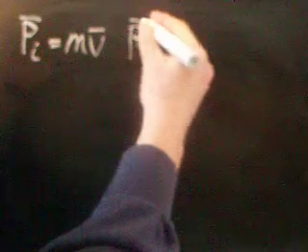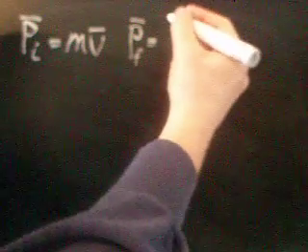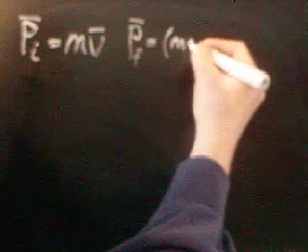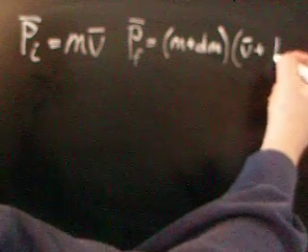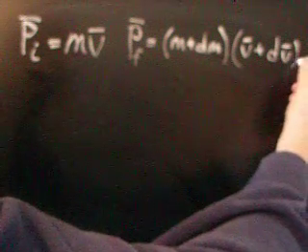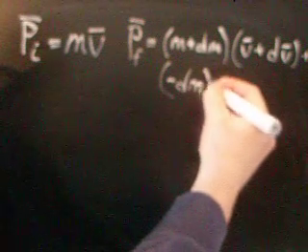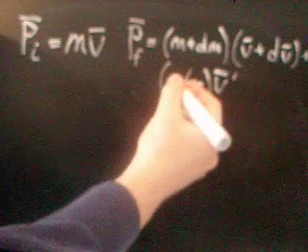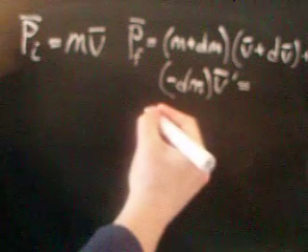The initial momentum Pi is equal to m v, and the final momentum Pf is equal to the momentum due to the rocket, m plus dm, times v plus dv, plus the momentum due to the exhausted gases, dm, times v prime, where the dm is negative, so we have to have a minus sign in front of the dm.